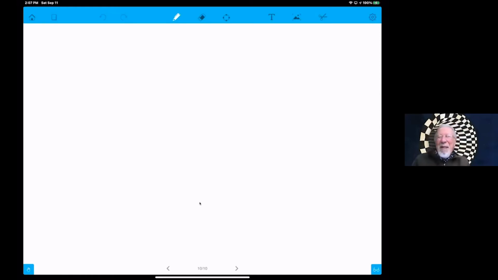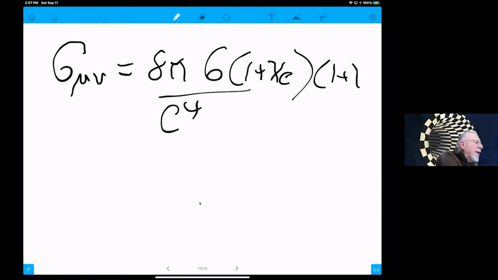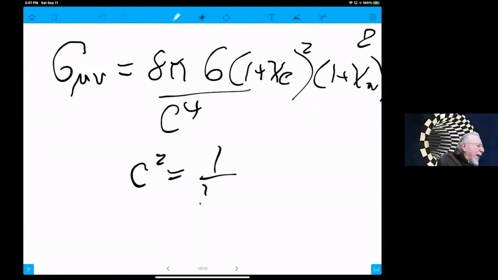All right. But what did I have then? The equation I had then wasn't quite right. It was G mu nu equals 8 pi G over c to the fourth, times T mu nu, but then I had the factors 1 plus chi E and 1 plus chi M squared, the modification of the modification. Remember, c squared is 1 over epsilon 0 mu 0.